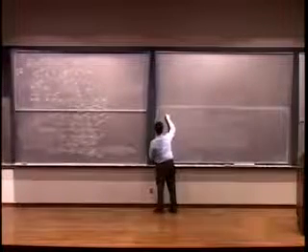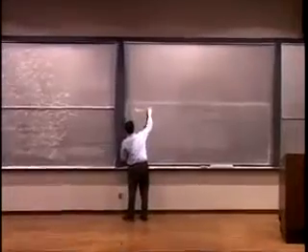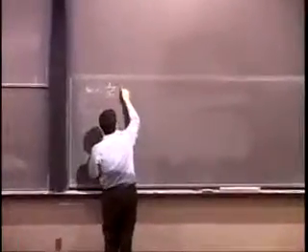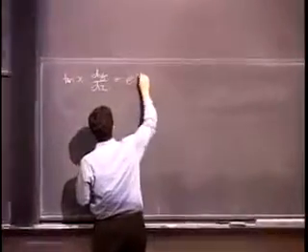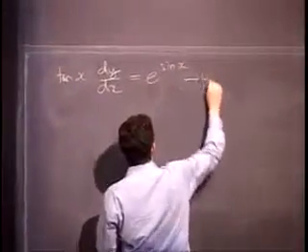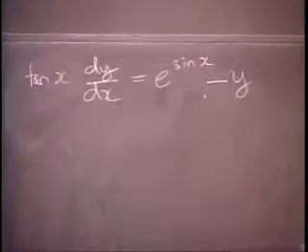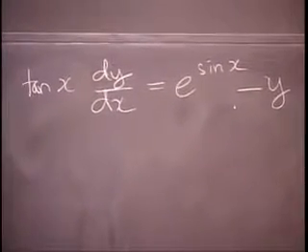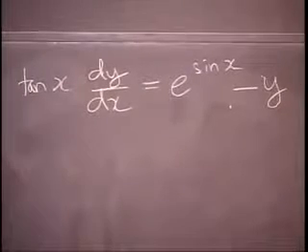Here's an example. Tan x dy dx equals e to the sine x minus y. And I am not going to do an initial value problem with this one. Here it is. Okay, so it's linear.